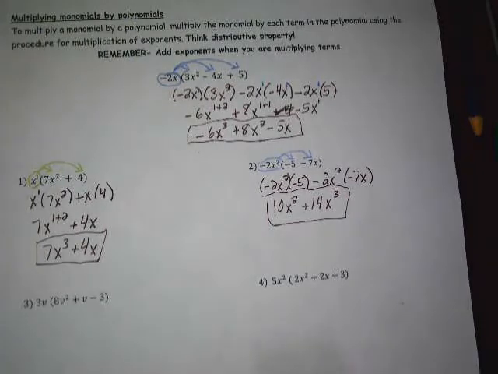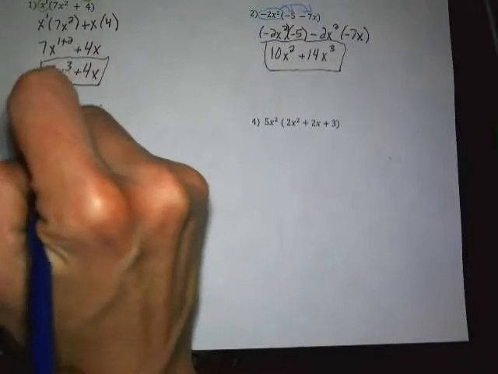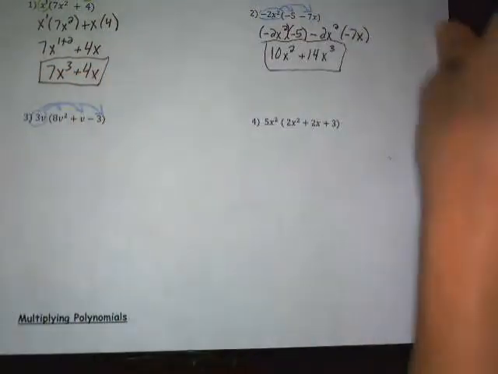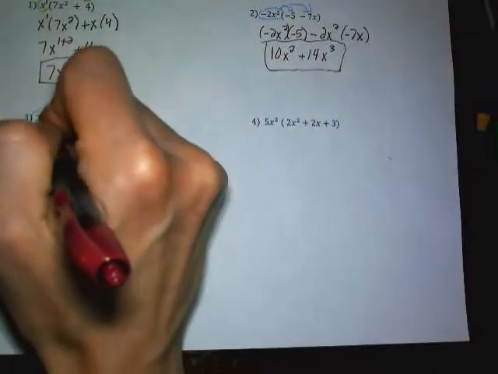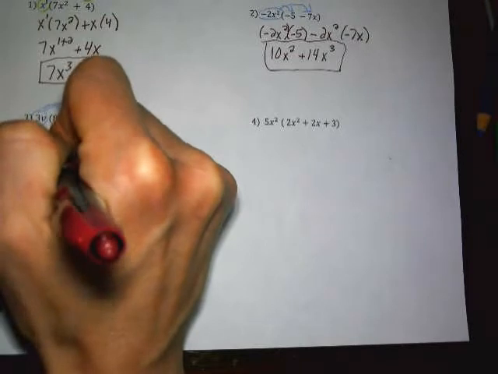Number 3, we are distributing a 3v in 3 terms. 3 times 8, 24.